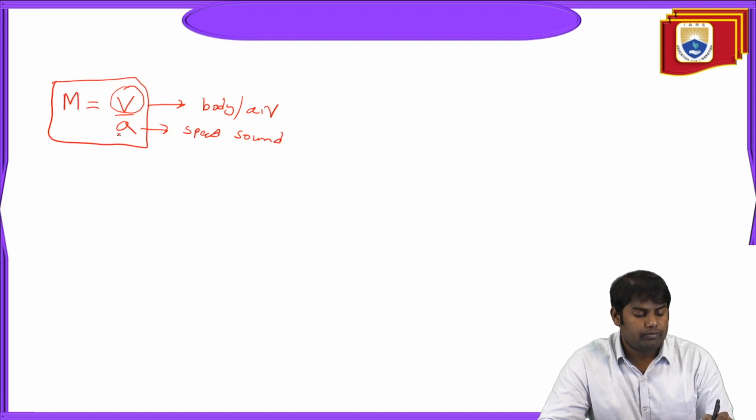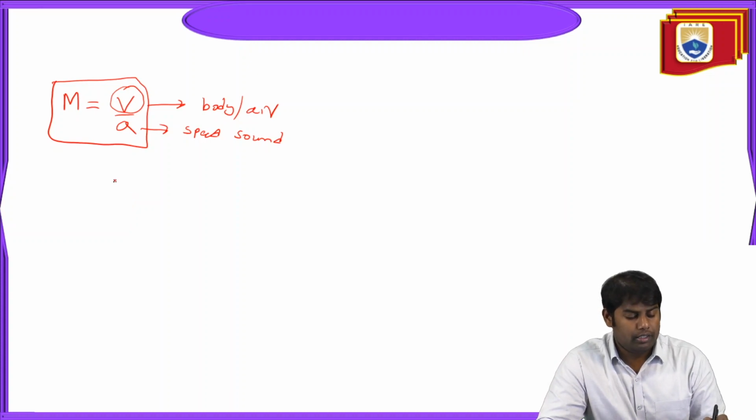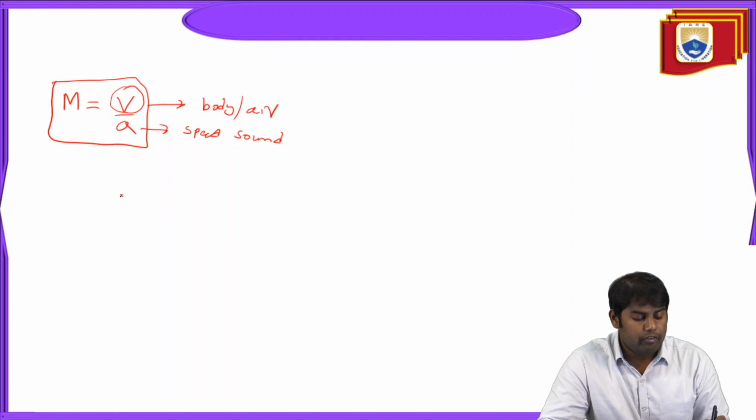Okay, so the Mach number will tell us whether the flow is incompressible or compressible. In general, researchers have identified that if the flow speed is greater than approximately 110 meters per second, the flow is getting compressed.